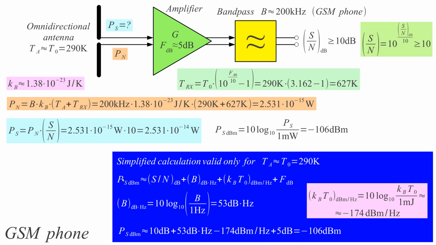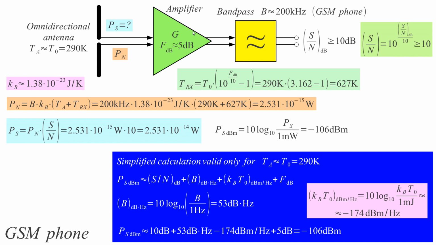So we can calculate the signal power at the receiver input as the signal-to-noise ratio in decibels, plus the bandwidth in decibels relative to hertz, plus the kT0 constant in dBm per hertz, plus the noise figure in dB.